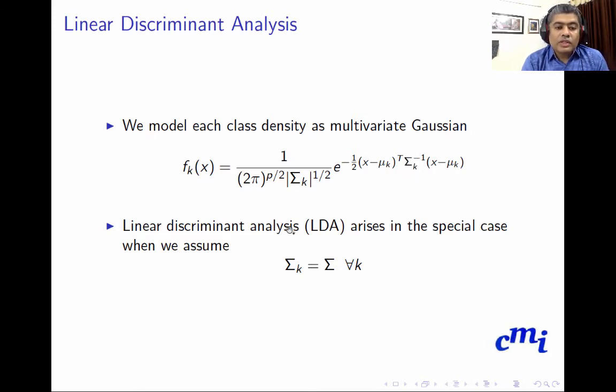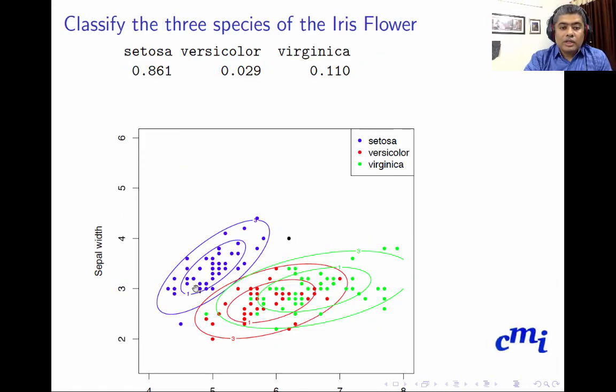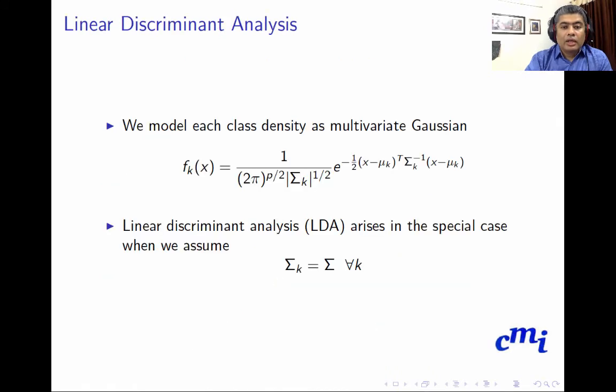If you assume that sigma_k, the covariance parameter, is equal to sigma for all k, that means all these three species have the exact same covariance matrix, which is actually a very strong assumption, then what you get is linear discriminant analysis.